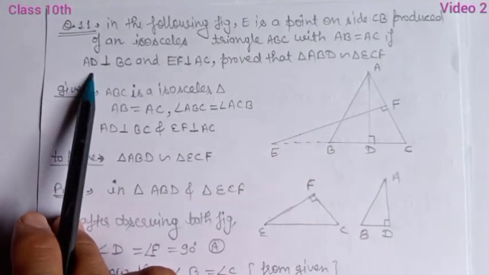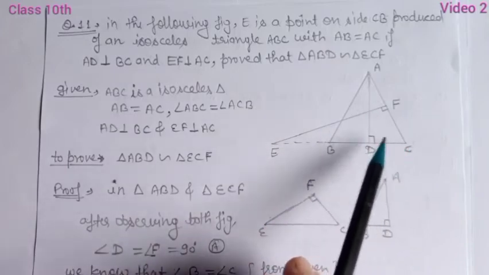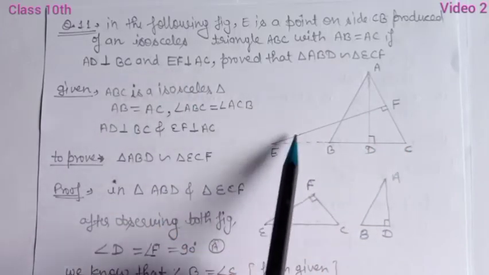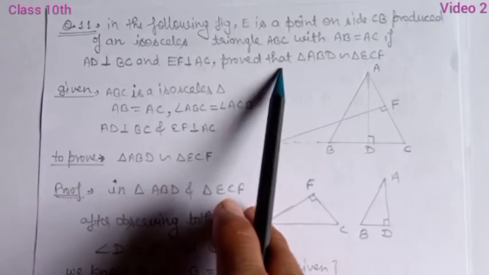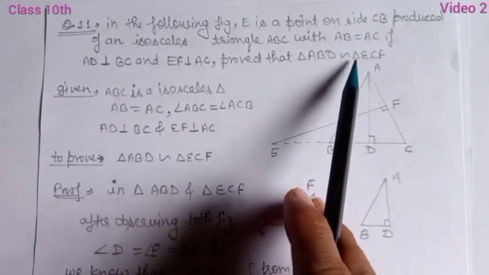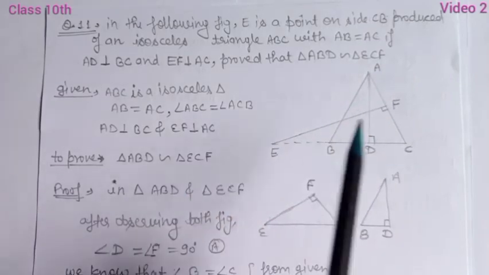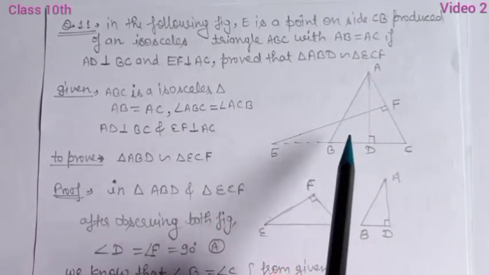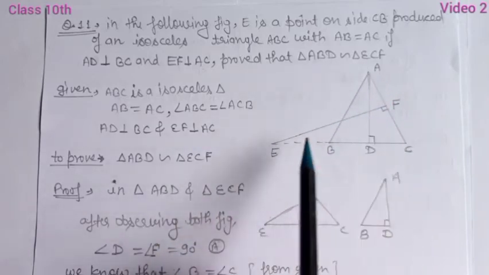If AD is perpendicular to side BC, and EF is perpendicular to side AC, prove that triangle ABD is similar to triangle ECF. So students, triangle ABD means this triangle, and EFC.